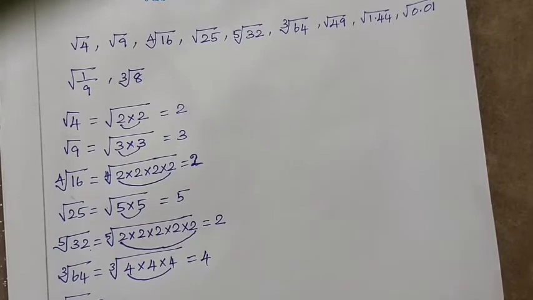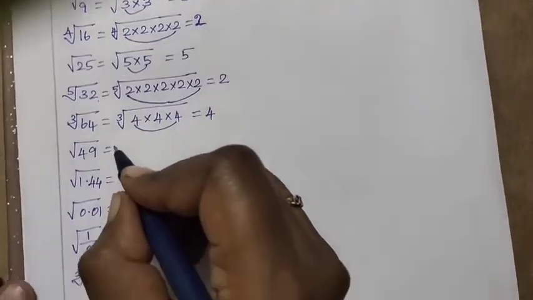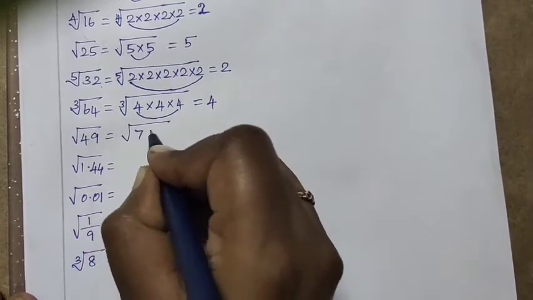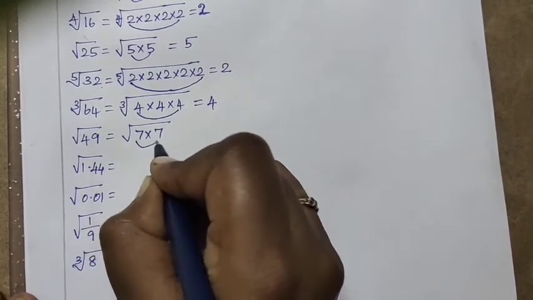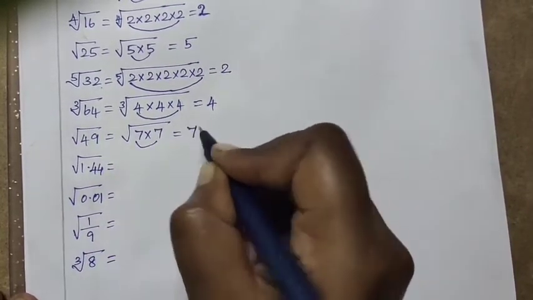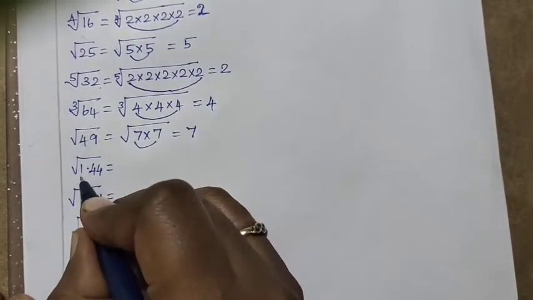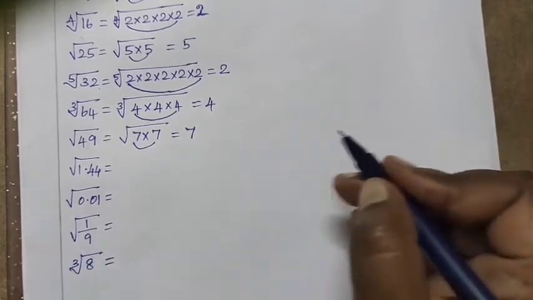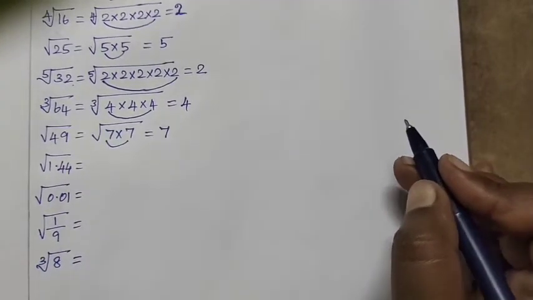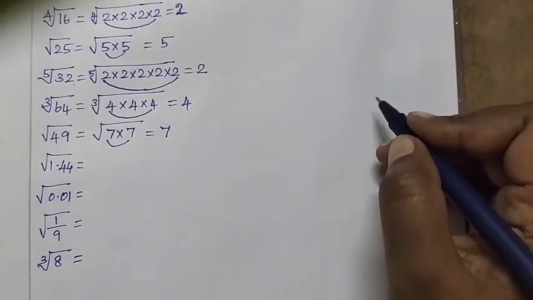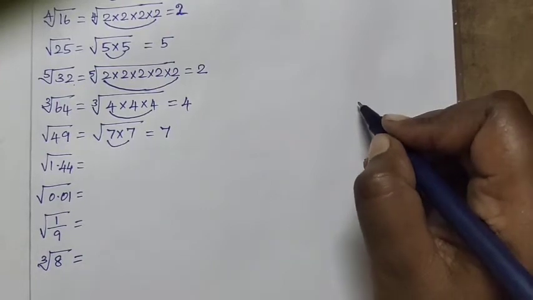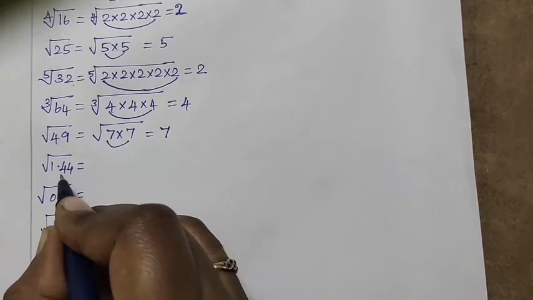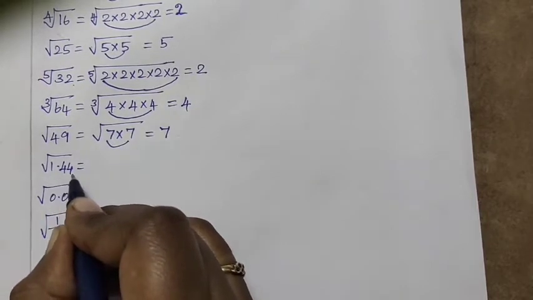Square root of 49. 7 into 7. 7 7s are 49. The answer is 7. See here, root of 1.44. We have to divide into 2 equal parts. Just take 144 together. 12 12s are 144.